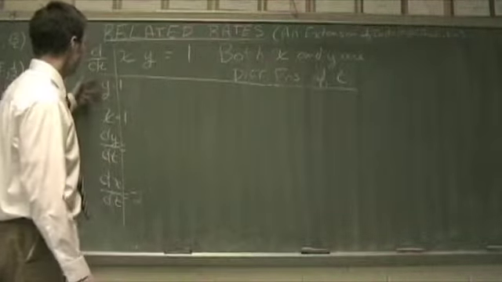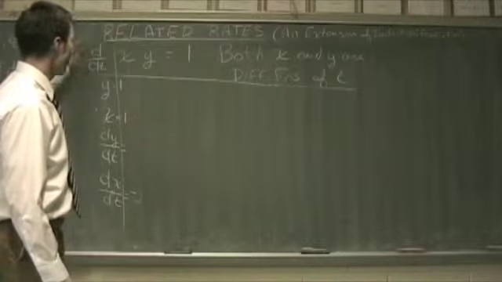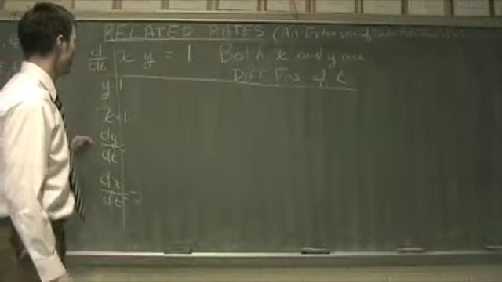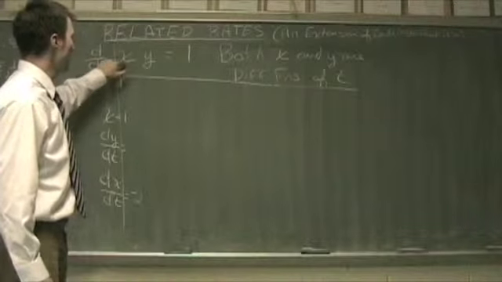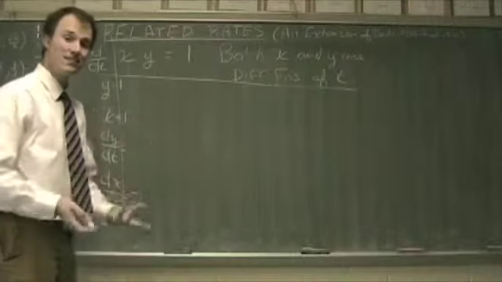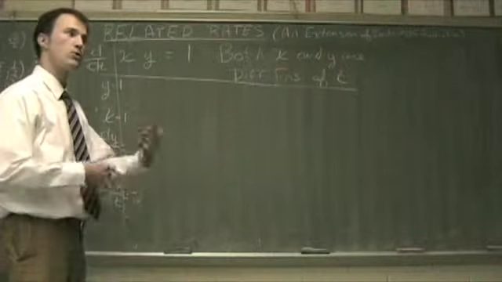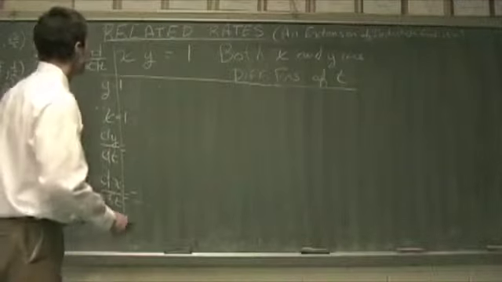Okay, so as we evaluate the derivative with respect to t of x times y, again, this is still product rule, only now we're differentiating with respect to t.